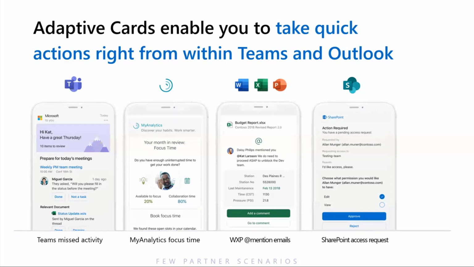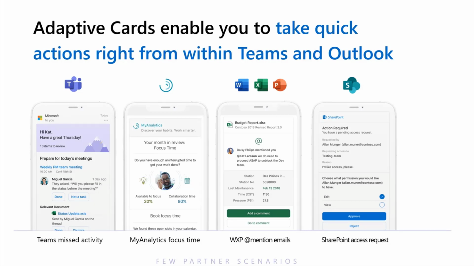So if I were to summarize the overall value prop of adaptive cards in one sentence, it's around enabling you to take quick actions right from within Teams and Outlook. At its core, adaptive cards allow you to safeguard your productivity and acknowledge content without ever having to leave the hub of your choice, which could very well be either Teams or Outlook, and in the process, eliminate context switching completely.